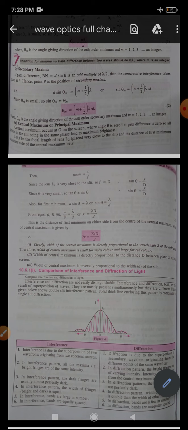This is with respect to diffraction of light due to a single slit.